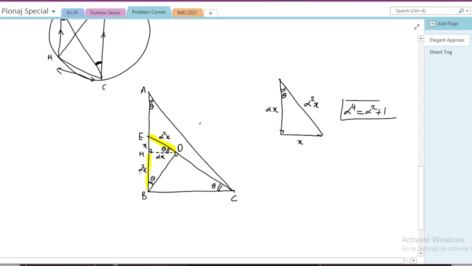So as a matter of fact, alpha squared is just going to be the golden ratio. Okay, so once we have this, basically we are done. So how do we conclude this?